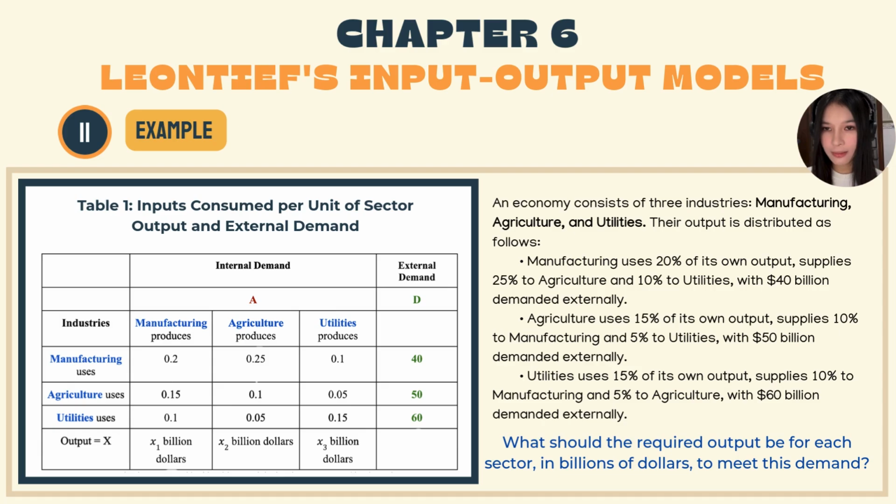The table on the right, matrix D, represents the external demand for each sector's output, and our goal is to find the total output that each sector needs to produce, denoted as X, to satisfy both the input demands of other sectors, the A relationships, and the final demand from the market, D. To do this, we will move to the next slide and examine the calculation steps.